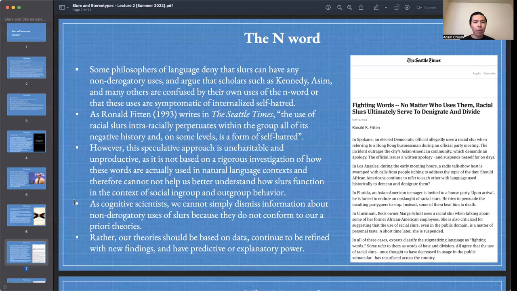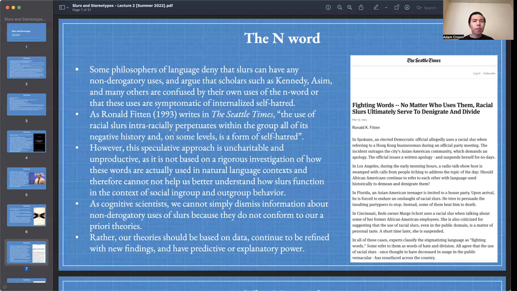And what we end up having is scholars just denying not just reclaimed usages of the N-word, but they're committed to denying all such usages, right? That intraracial or intragroup usages are really a form of self-hatred.